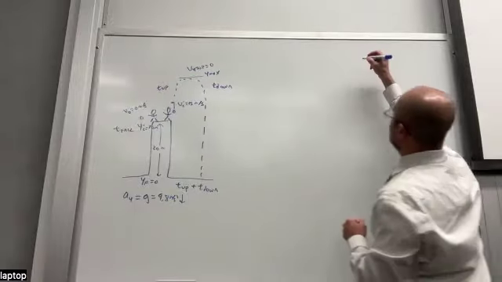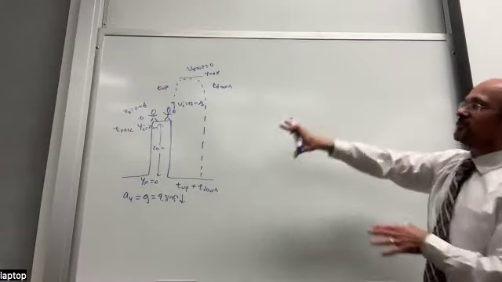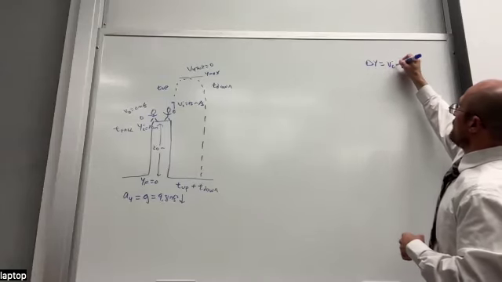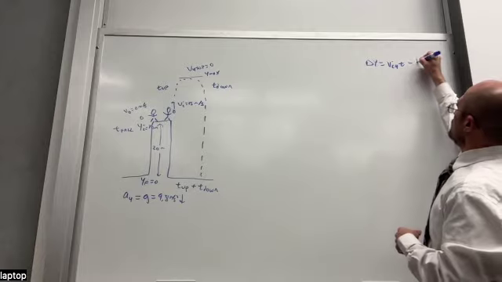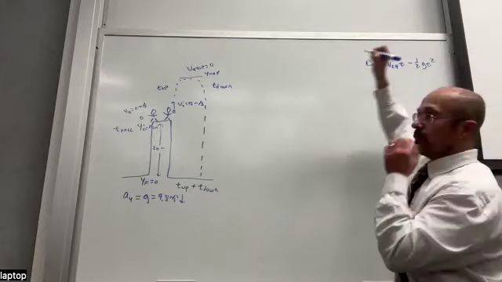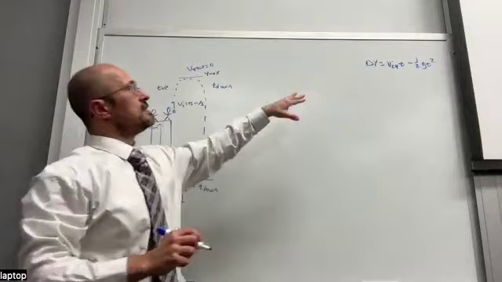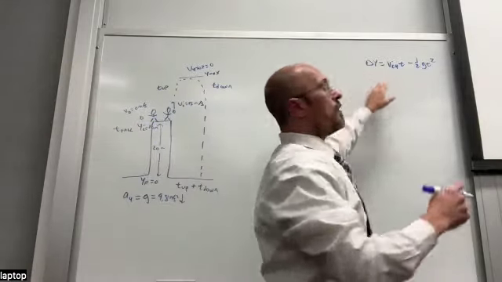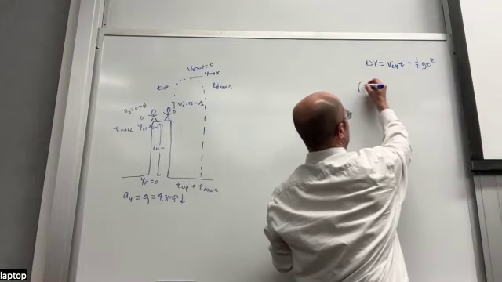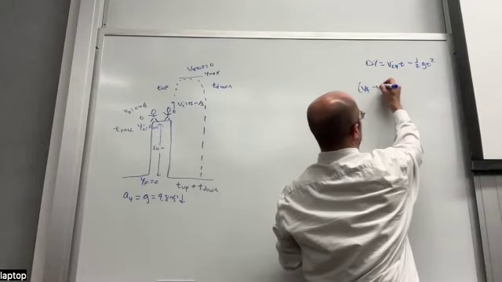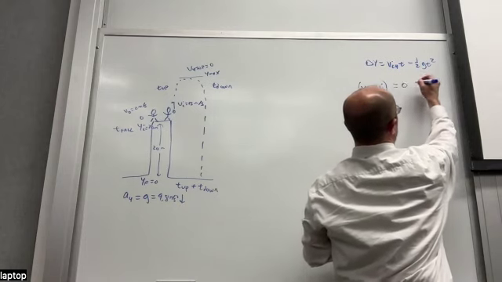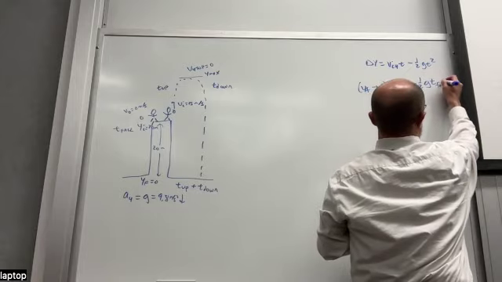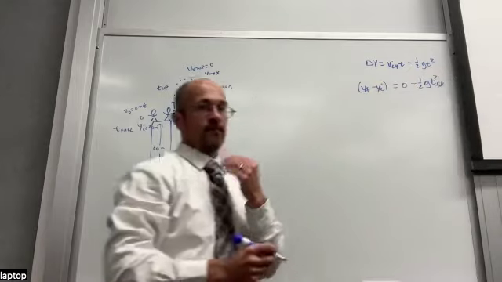For the t fall, the fastest way to find it is to use delta y equals v initial y t minus 1/2 g t squared. We can use that equation to find our time for free when something is falling, because that allows us to write y final minus y initial equals 0 minus 1/2 g t fall squared.